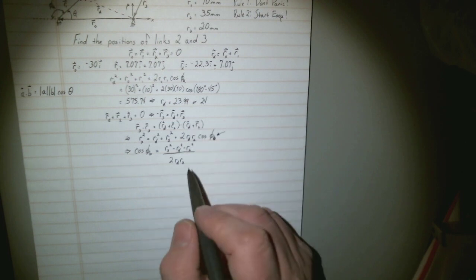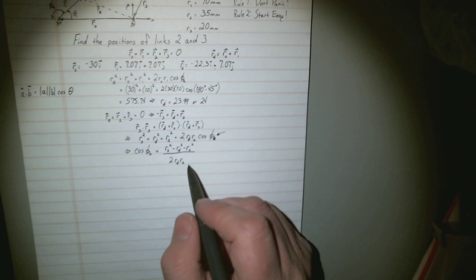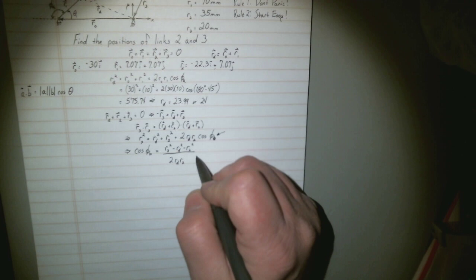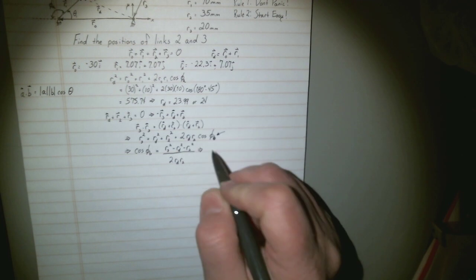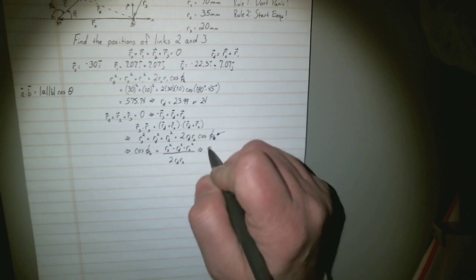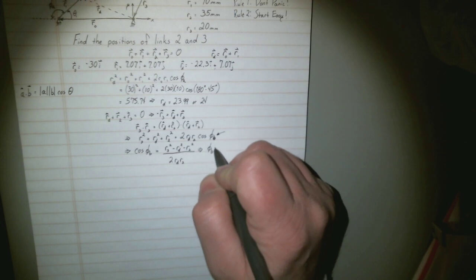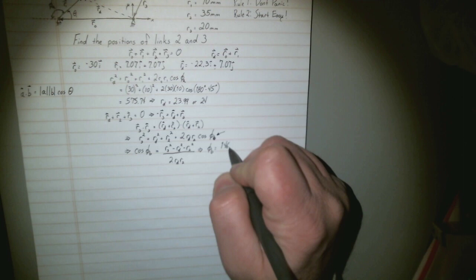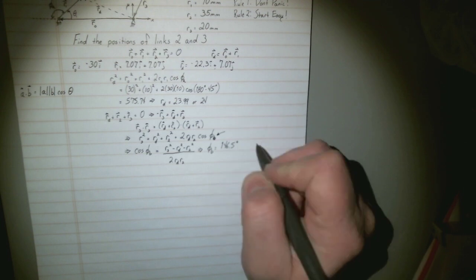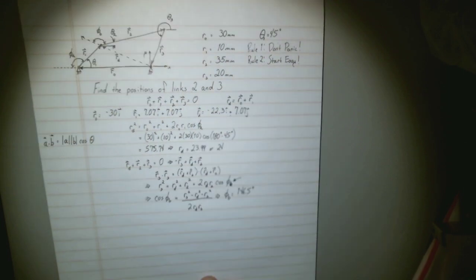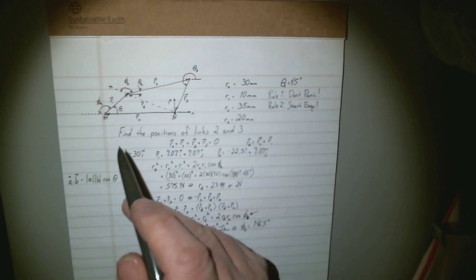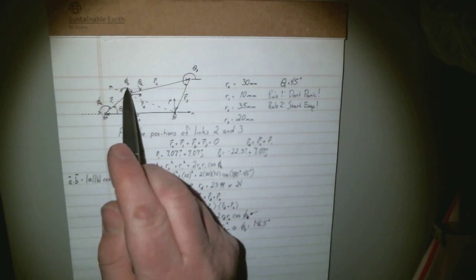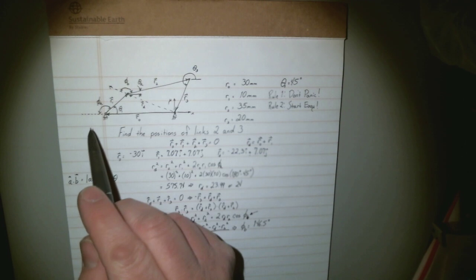If you plug in your numbers, which I'm not going to do here just because we're running a little long, you will find that phi sub B is equal to 146.5 degrees. So again, looking at this picture, we just found this angle.